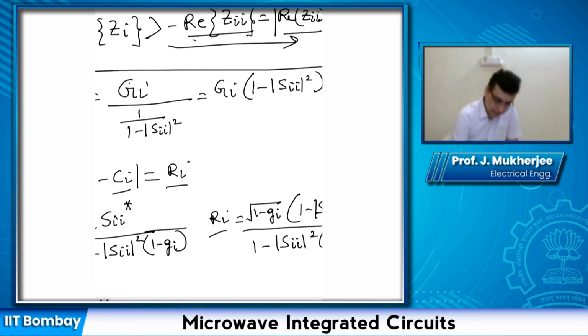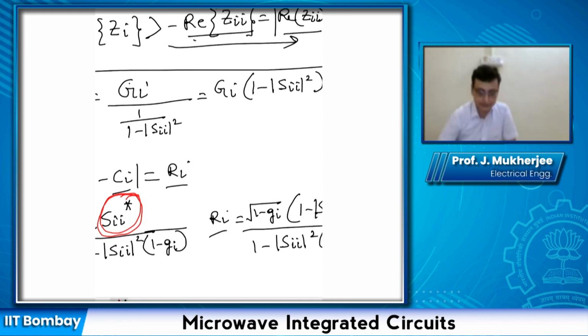The only problem that a designer might face is how to locate this point. As you might recall, for the unconditionally stable case, all the centers of all the constant gain circles lied along the line joining the origin and this point. But then because magnitude Sii is greater than 1, this point lies outside the unit circle. And on a Smith chart, it's very difficult to plot any impedance that is outside the unit circle.